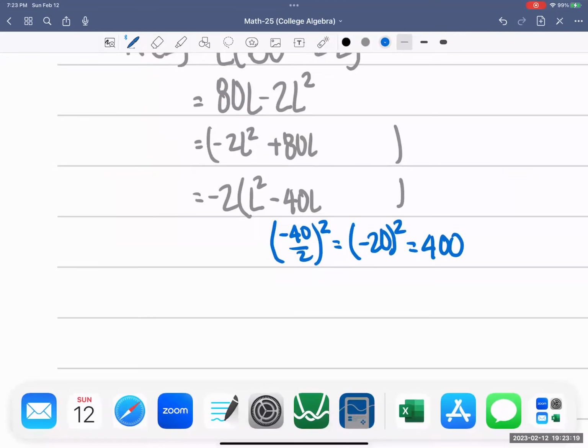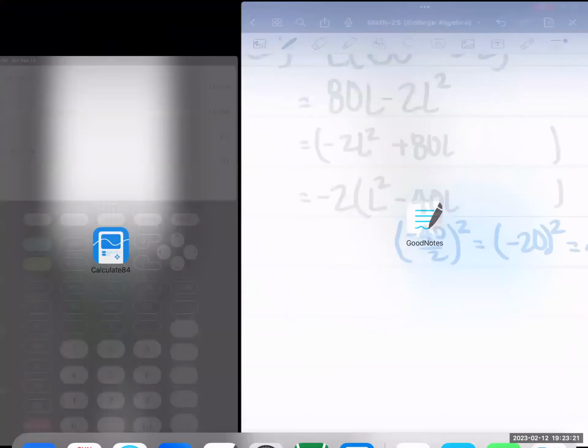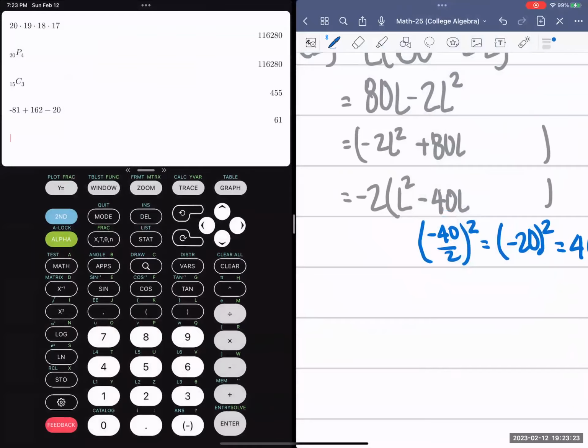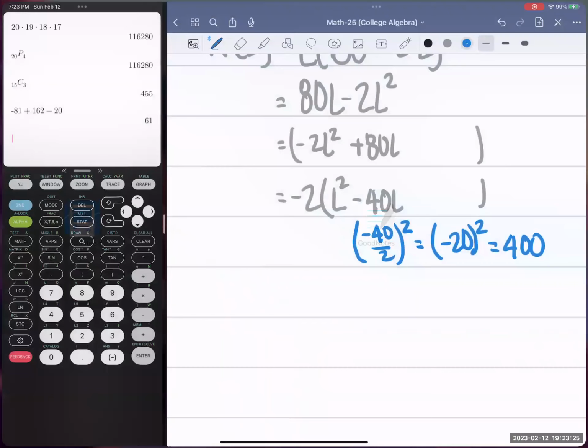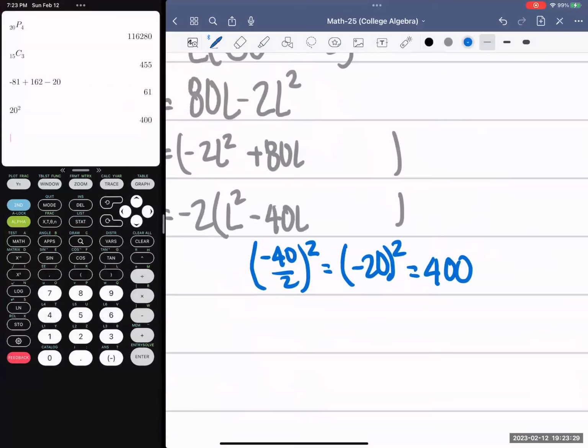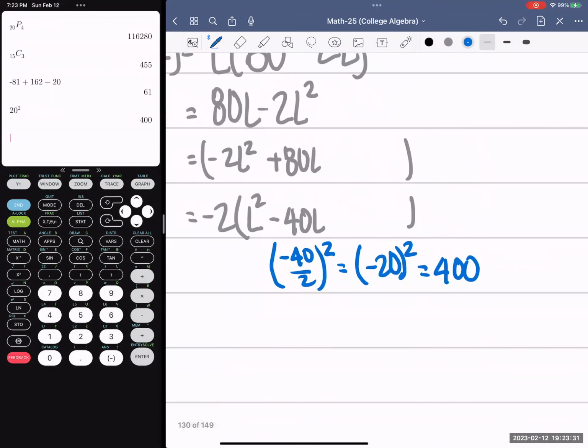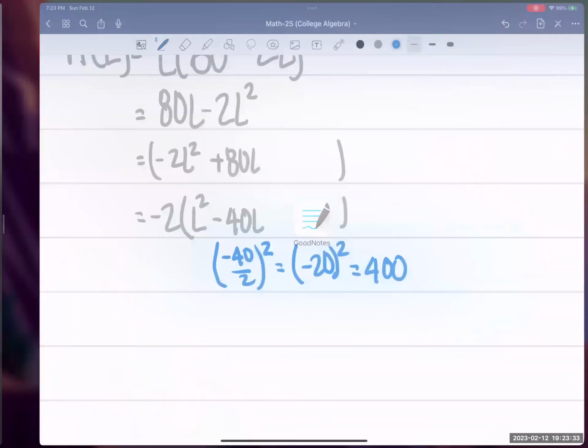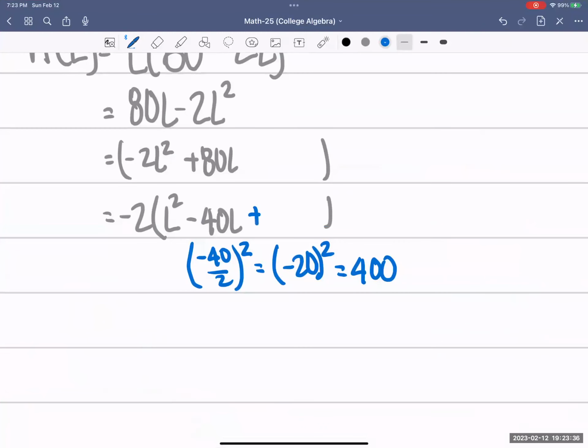Just to make sure, let's check: 20 squared is 400, yes. So we're adding 400 inside and subtracting 400 outside. So plus 400 in here, minus 400 in here.